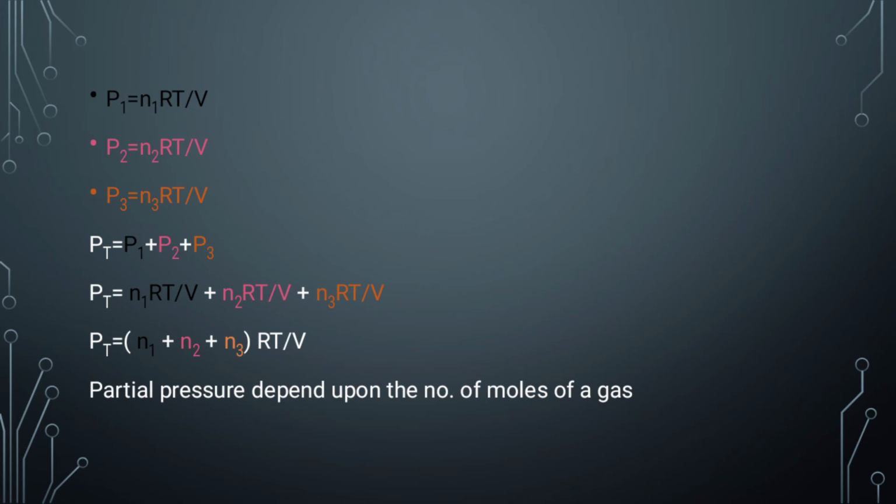So P total is the sum of the three gases: PT = P1 + P2 + P3, and PT = n1RT/V + n2RT/V and so on. So PT = (n1 + n2 + n3)RT/V.